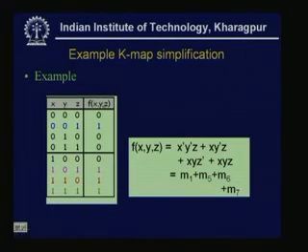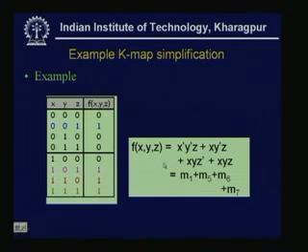This is the truth table for the given function. As this is a 3 variable function, 2 to the power 3, or 8, combinations of variables are possible, from 0 0 0 to 1 1 1. Now, what will be the function? For x dash y dash z, that is 0 0 1, the value is 1.